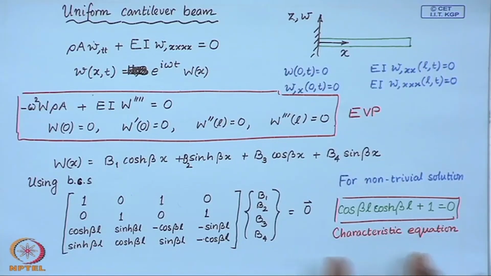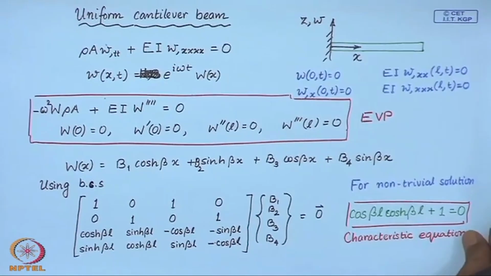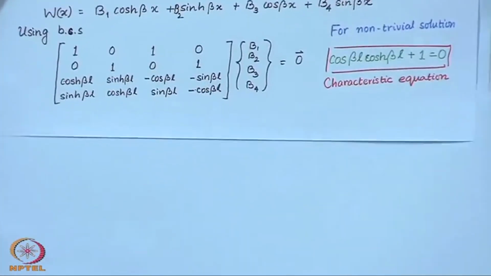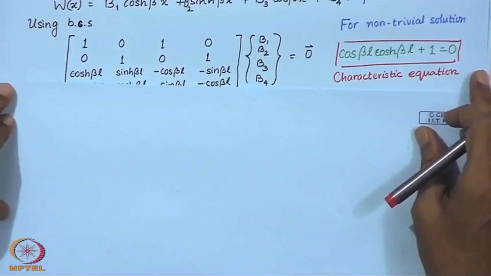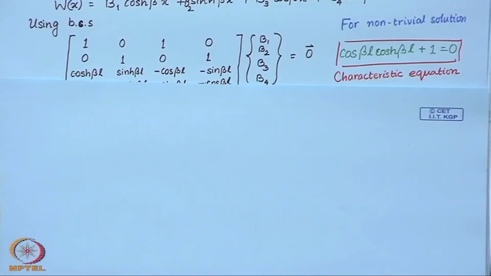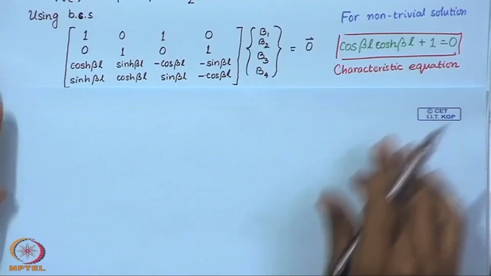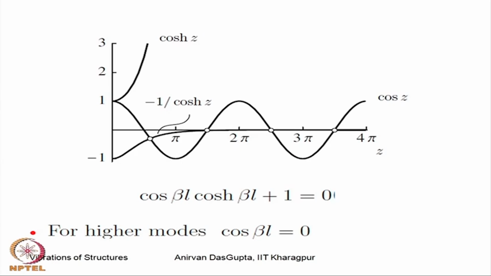Now, these are all transcendental equations, so we have to solve them numerically. If you plot these functions after some rearrangement, we can have a graphical approximation for the solutions as shown in this picture.